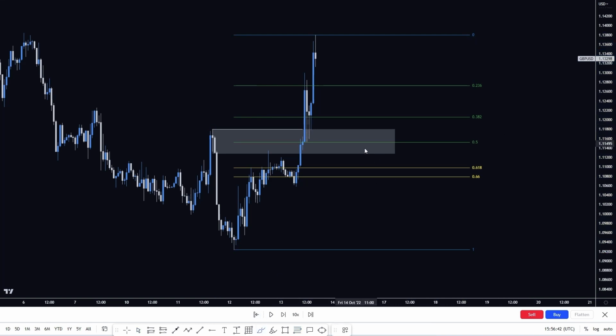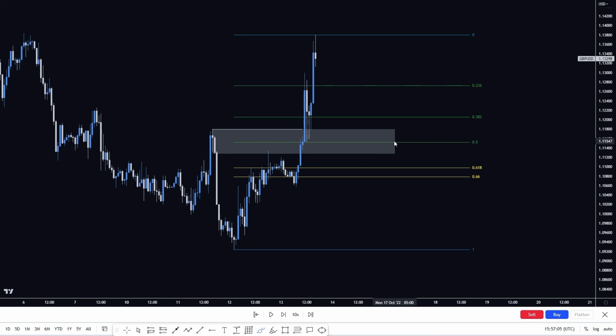The price value of most interest wouldn't be the 0.236 and it wouldn't be the 0.382, because they're not in a value area of interest. We then have the 0.5, which is also aligning with this area of break and retest. So at the moment, this would be seen as the best area to get involved in a trade.